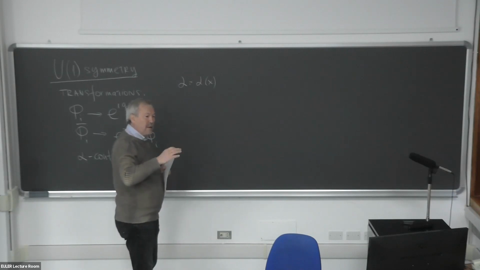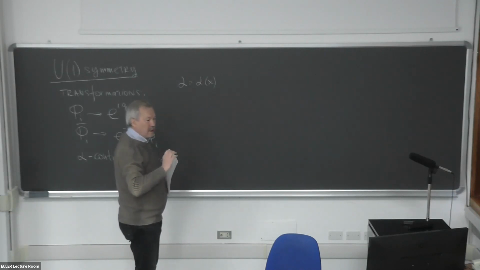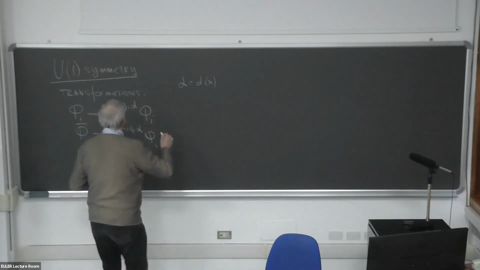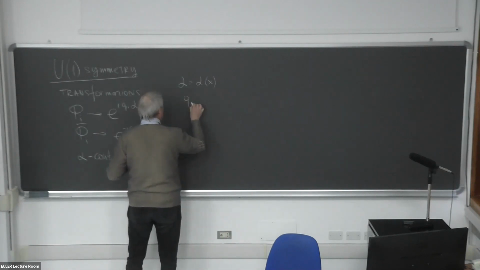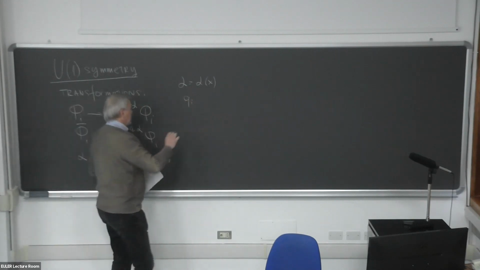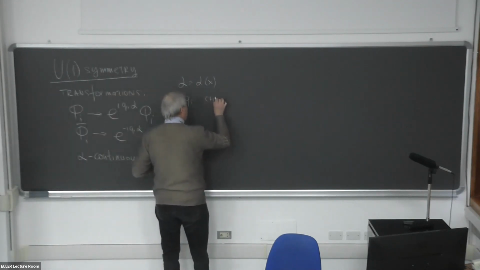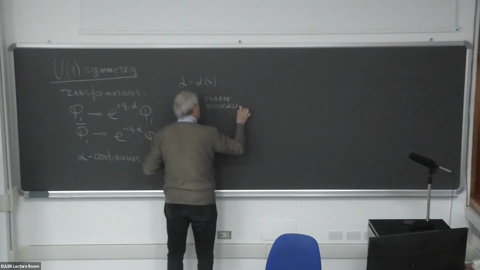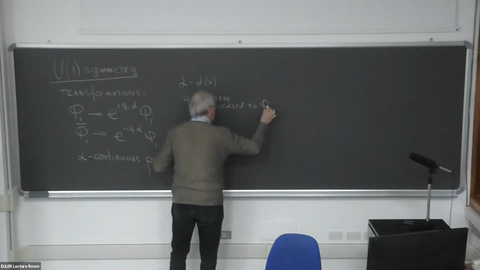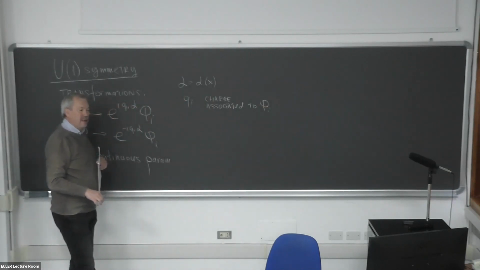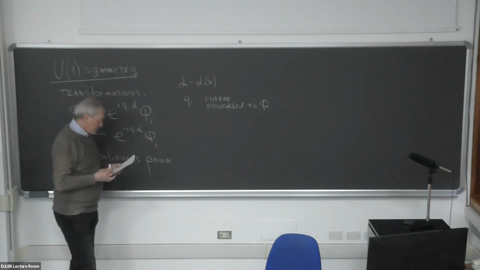So we make the same transformation by the same angle in all points of the configuration space. Now, q_i is something which is associated to a given field, a kind of charge. And as we will see, in the case of conserved symmetries, that is the quantum number which is conserved also.